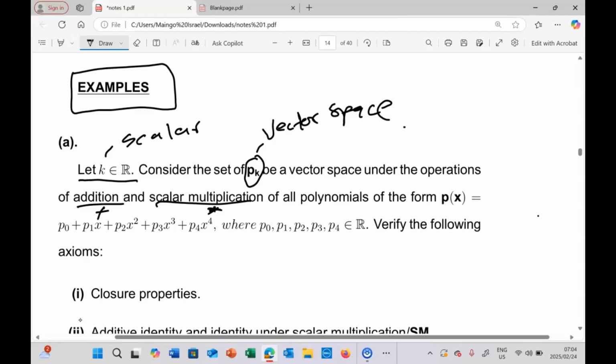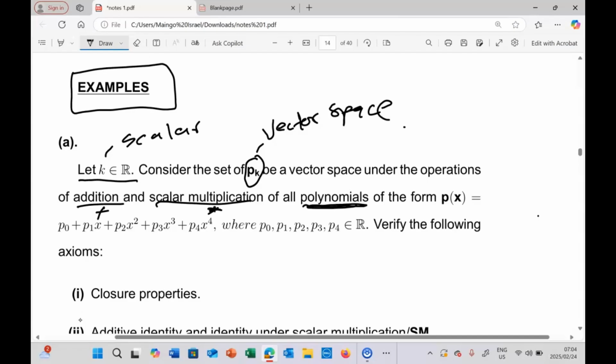You know the definition of a vector space talks about addition and scalar multiplication. If you haven't watched the first part, vector space part 1, you can still go and access it. So, addition and scalar multiplication of all polynomials of this form.